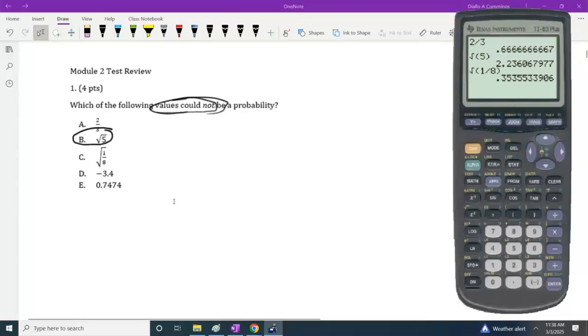Negative 3.4, we can't have any probabilities that are negative, so that is the answer choice. And then the last one, 0.7474, that could be a probability. So our answer choices are B and D. We're looking for numbers that are less than 0 or greater than 1.